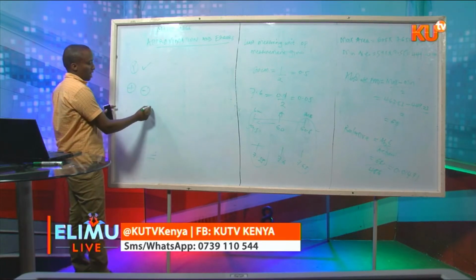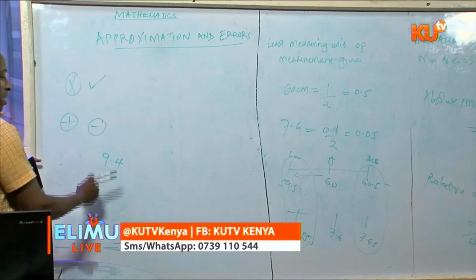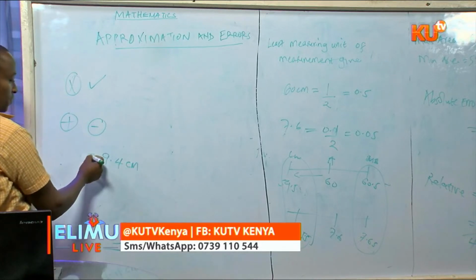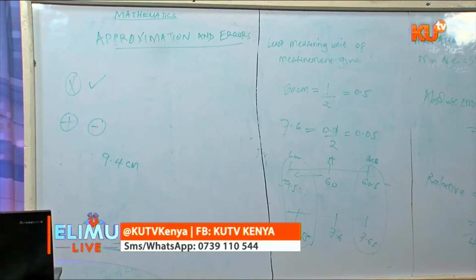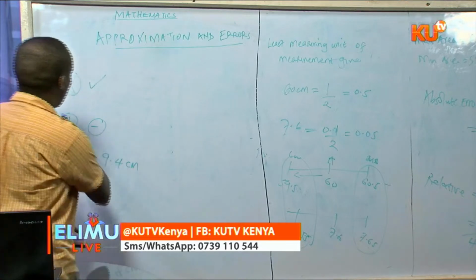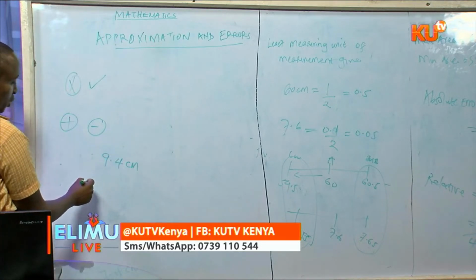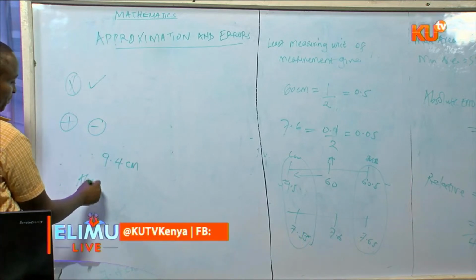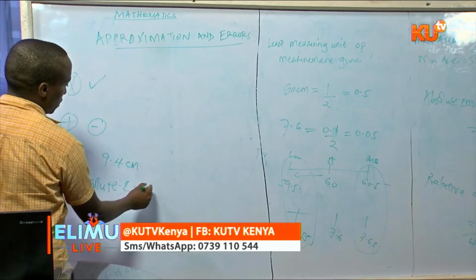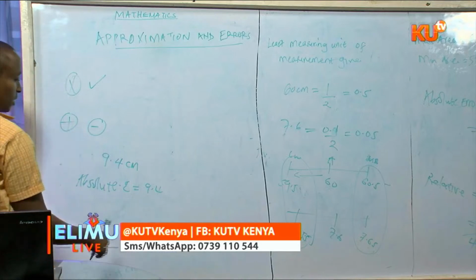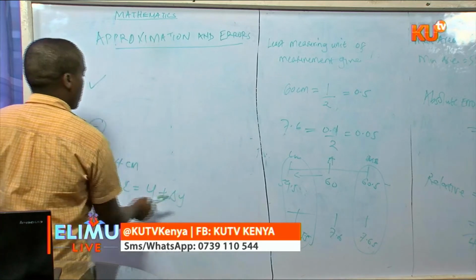If you are given a measurement of anything like what we did, 9.4, the absolute error for this one, maybe in centimeters, is plus or minus change of y.